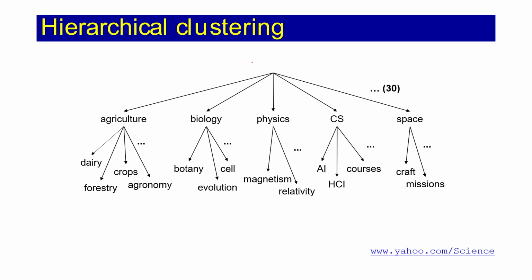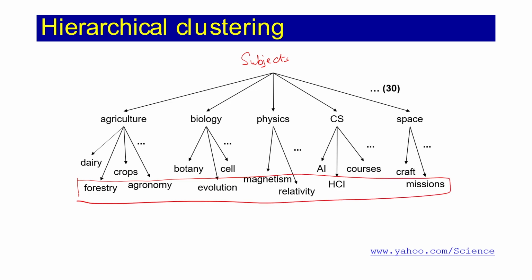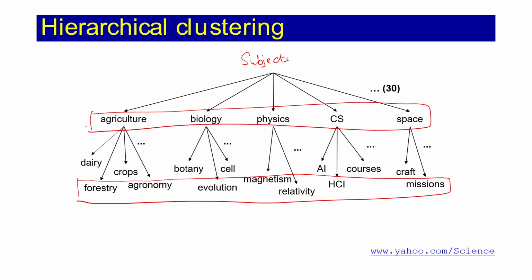This is one such clustering of different subjects. These are different subjects that sit at the top of this hierarchy: agriculture, biology, physics, computer science, space. Then different sub-subjects or classes are kept at the bottom. So, you can slice at any level. Let us say I slice here. I can slice even at the top and create different hierarchies.